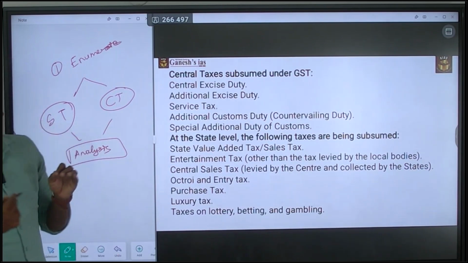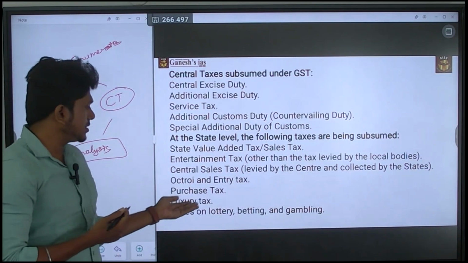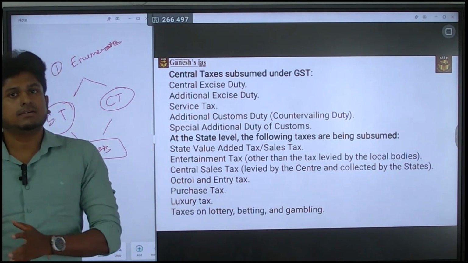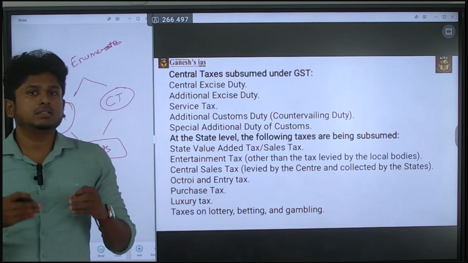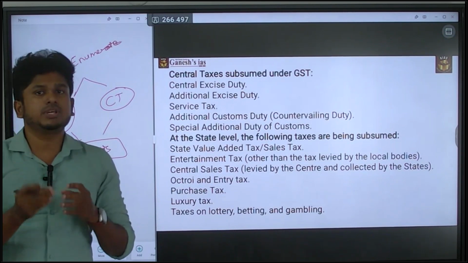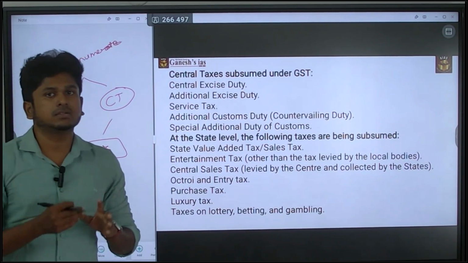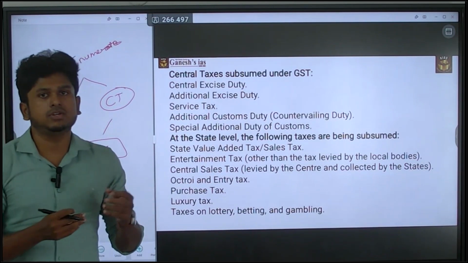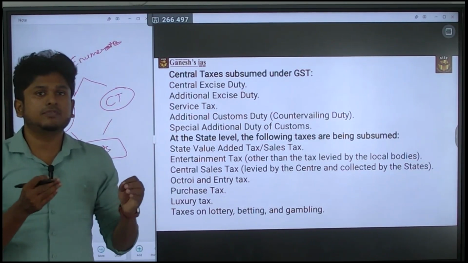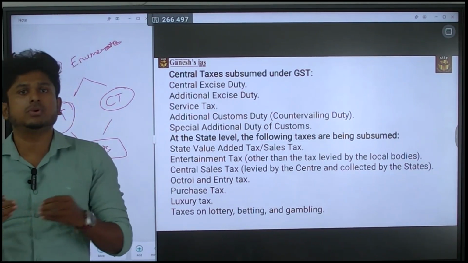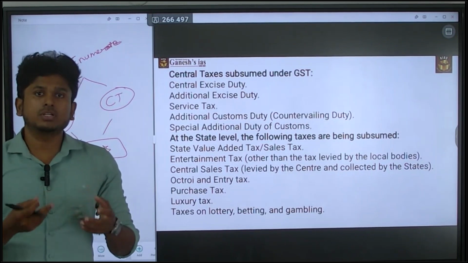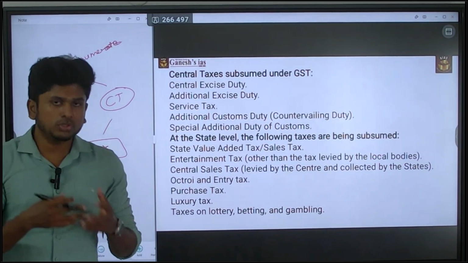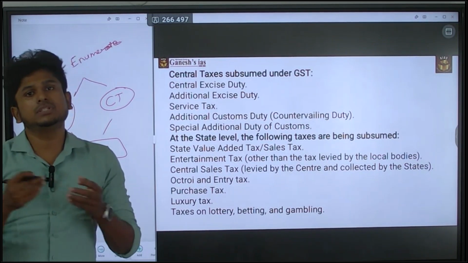Analysis means, for example, when it comes to the taxes on lottery, betting, and gambling, actually it is all on the state list. So you can say that there is a huge federalism change in the financial system, or that financial federalism got affected by this GST introduction, or that the states are facing certain issues due to the introduction of the GST, or that due to the introduction of the GST there is a huge growth in the GDP or the investments in India.